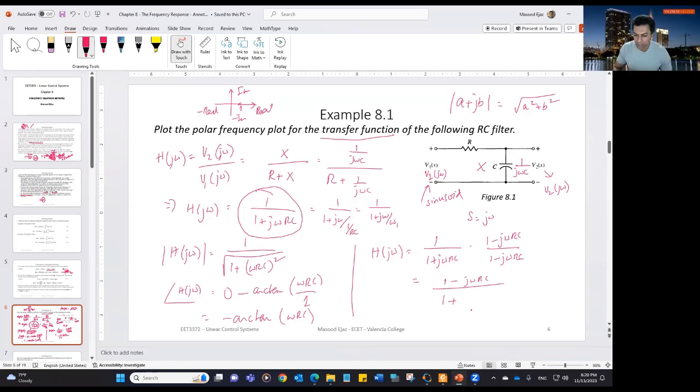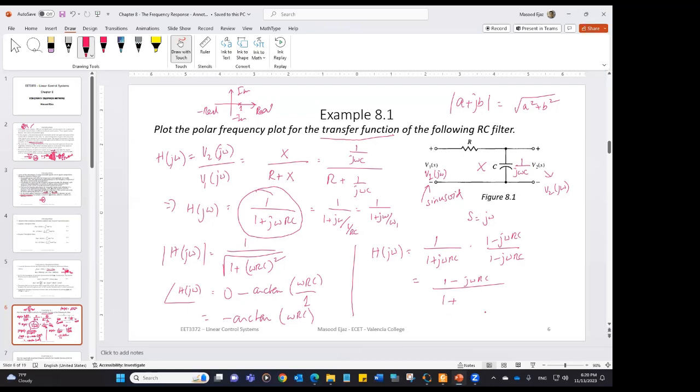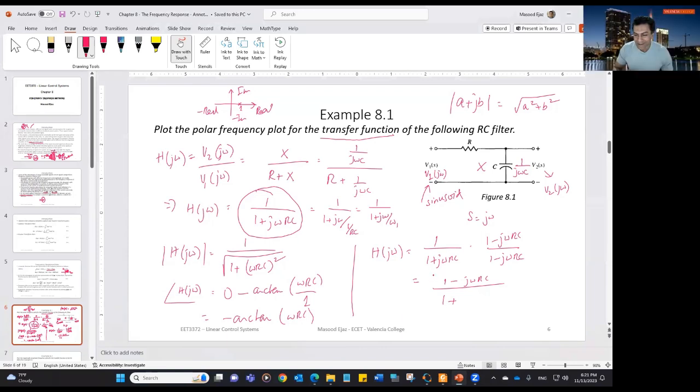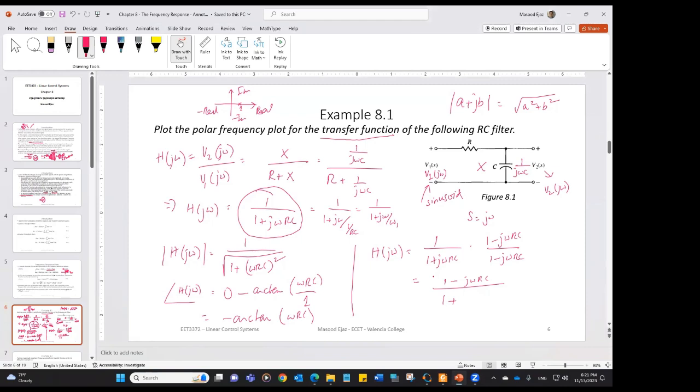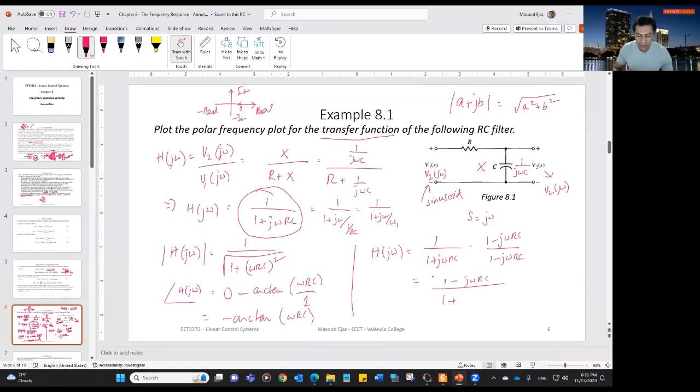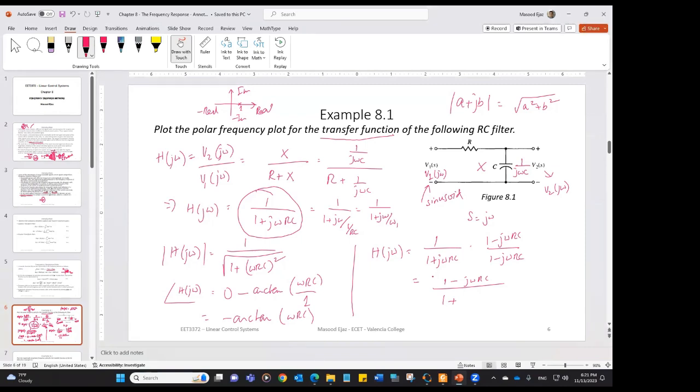So you're saying 1 minus omega RC squared? No, not 1 minus omega RC squared. You guys are forgetting to multiply j. What is j squared? Oh, so plus omega RC squared. Plus omega squared, yes.